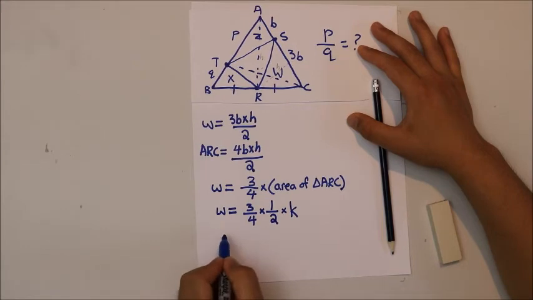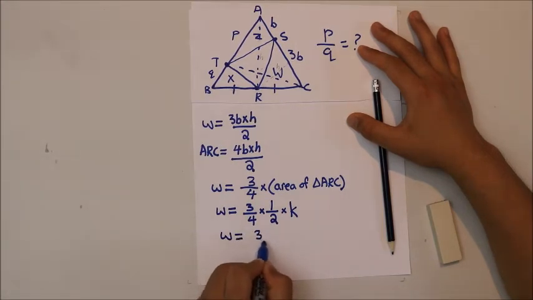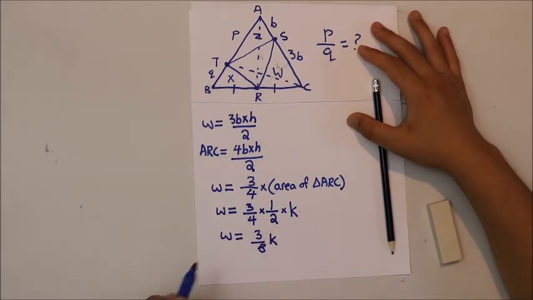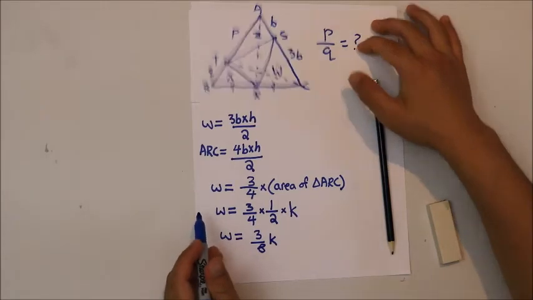When we simplify it, we get W is equal to 3/8 times K. So this is our equation for W.